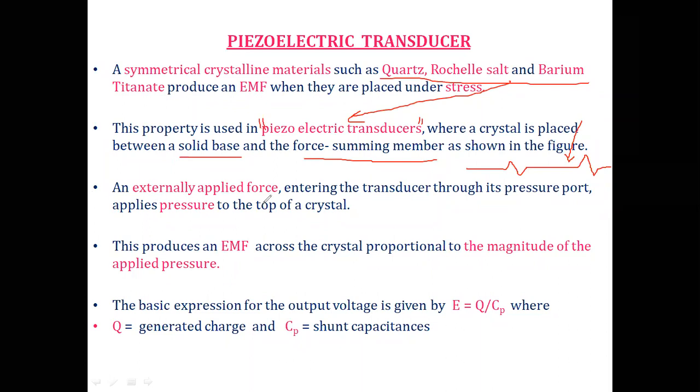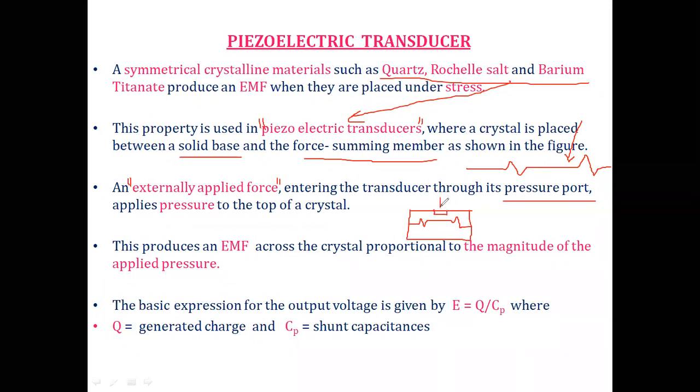An external applied force enters the transducer through its pressure port and applies pressure to the top of the crystal. This is the transducer, and this is the pressure port.